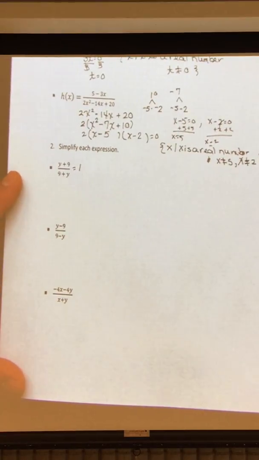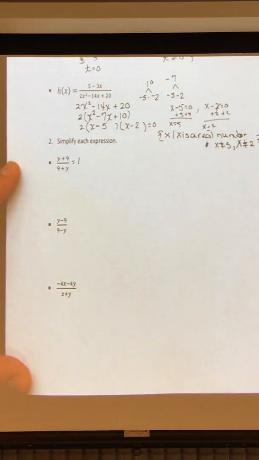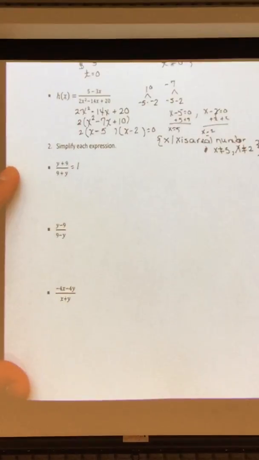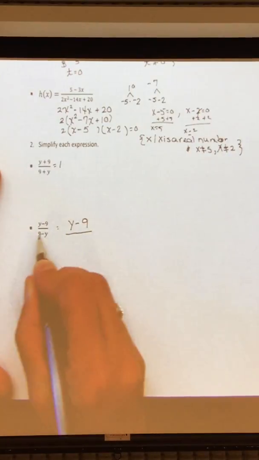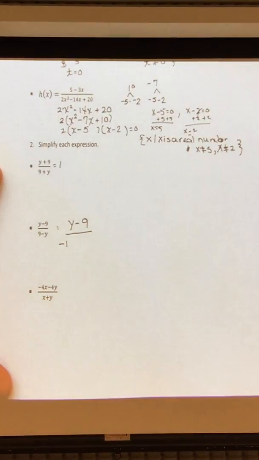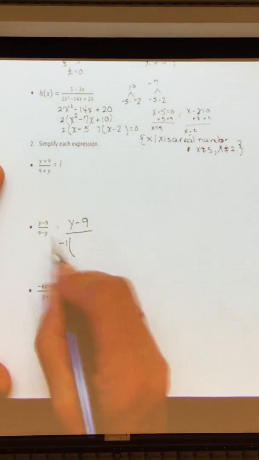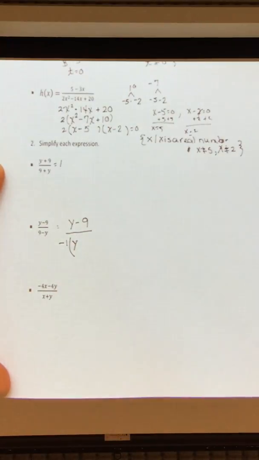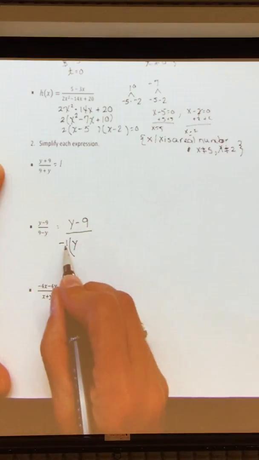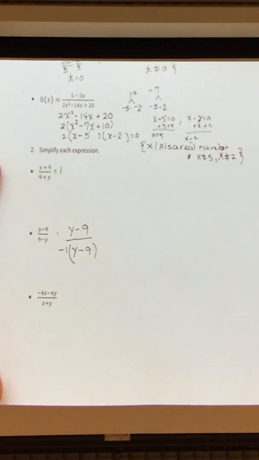The second, you have y minus 9 over 9 minus y. So here for this denominator, we can factor out a negative 1. So we have y minus 9. And if we factor out a negative 1 in the denominator, we have negative 1 times y is equal to negative y, and negative 1 times negative 9 is equal to positive 9.